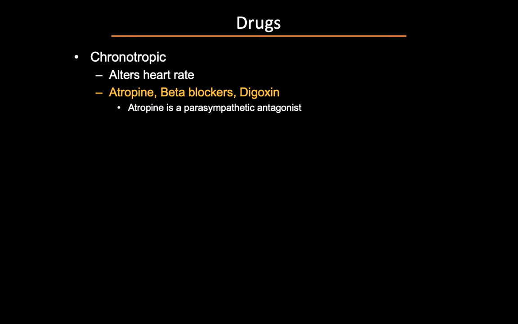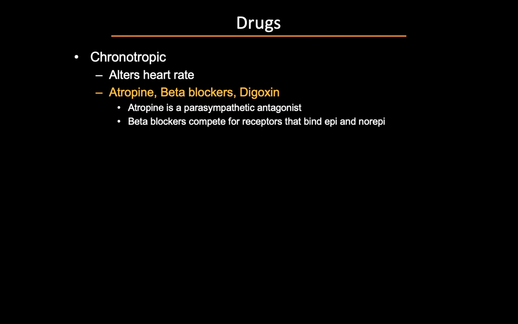An agonist is something that binds to a receptor and increases what that response would normally be. An antagonist binds to the receptor and decreases the response. So atropine, being a parasympathetic antagonist, decreases the response of the parasympathetic nervous system, which normally lowers heart rate, but atropine will actually allow heart rate to be faster.